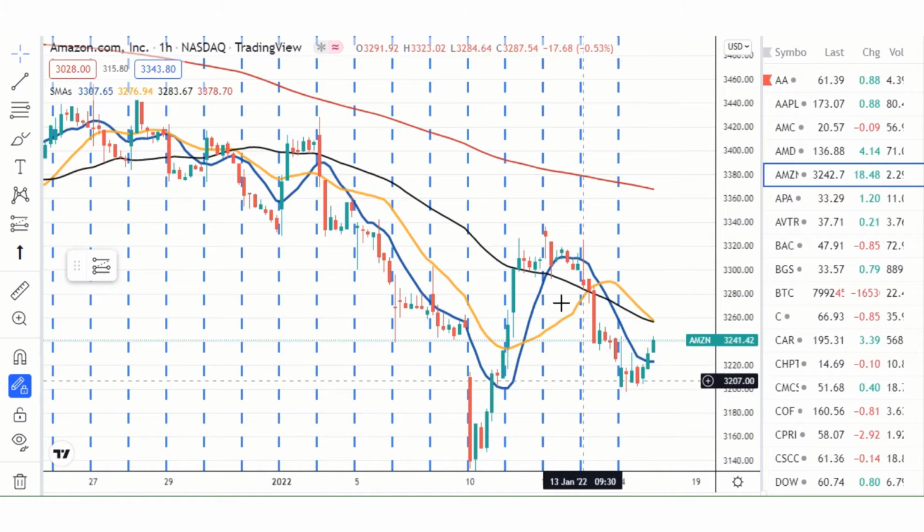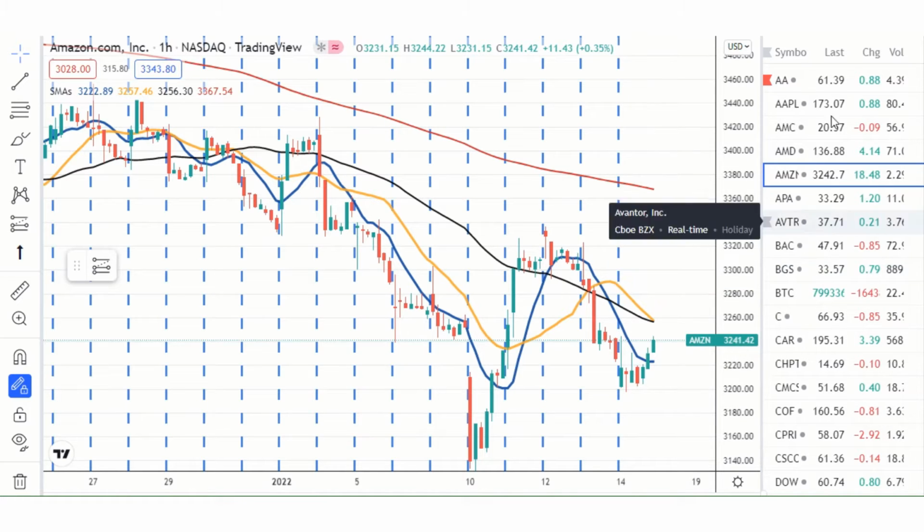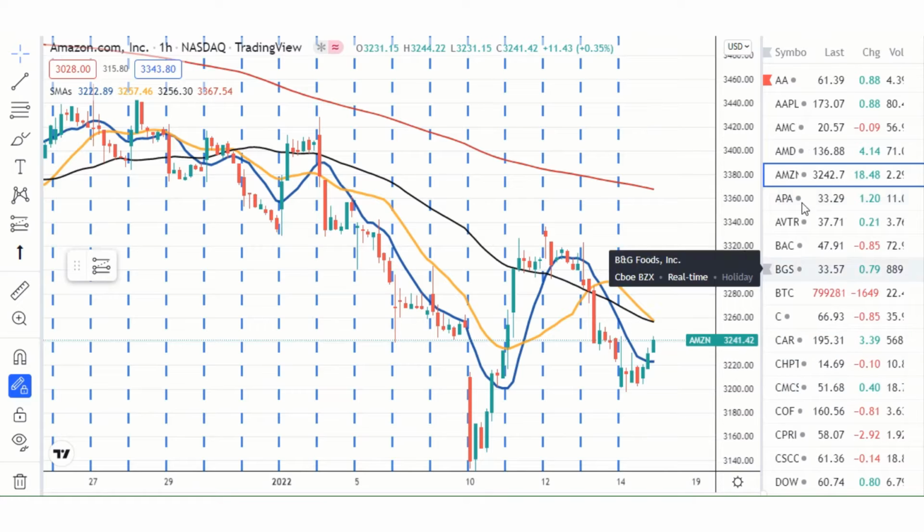So let's look over here. This is my list, and you can arrange your list in different ways once you get it going. You can arrange it by symbol, and it'll alphabetize it.